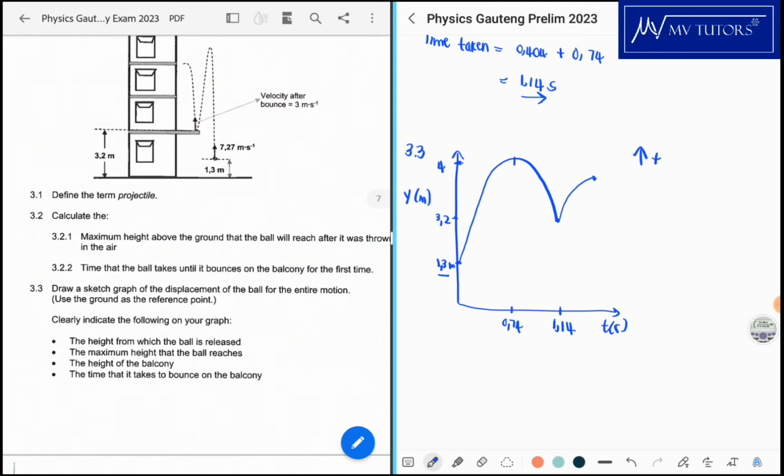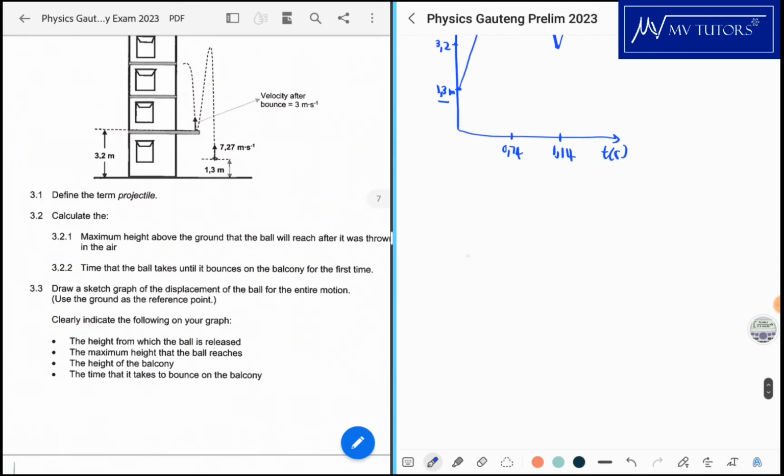Okay, what if you took downwards as positive like I did? Okay, I'm just going to show you then. If you took downwards as positive, graph is going to look something like this. Displacement in meters. So we're going to start, remember, negative 1.3. We put it there.